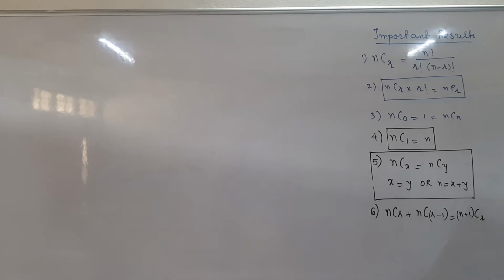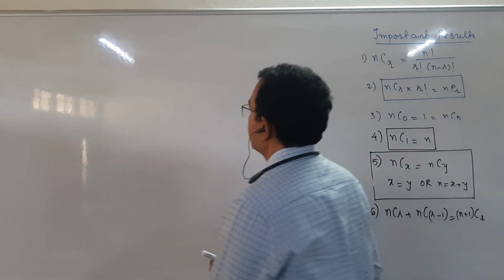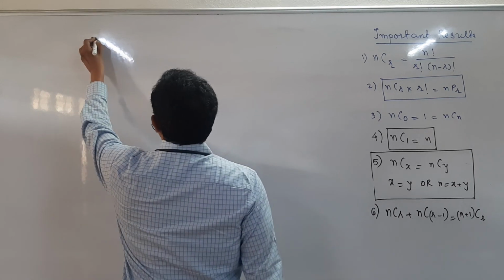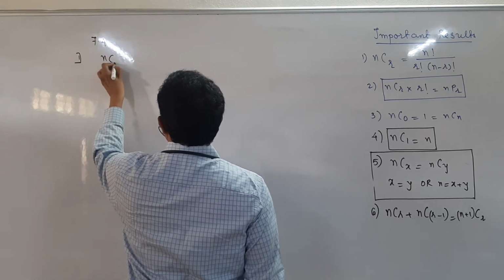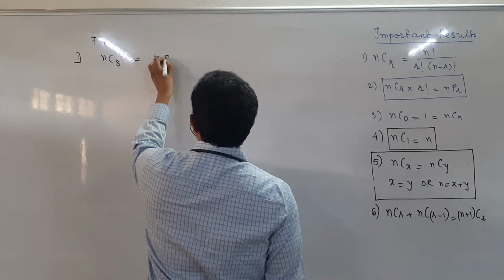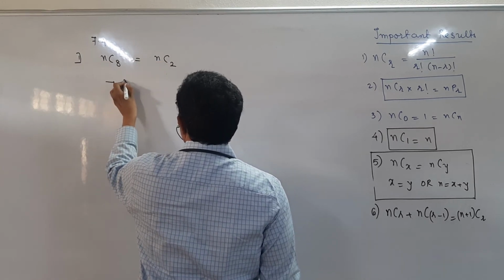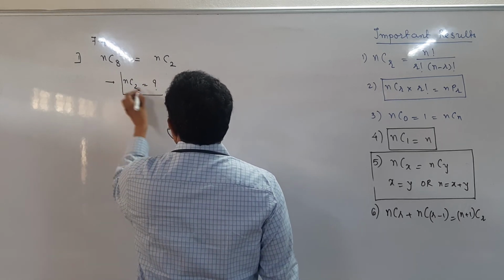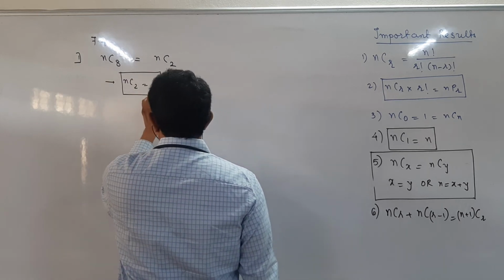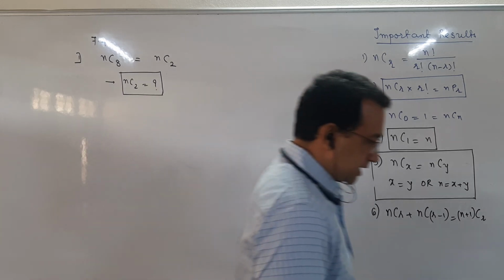Sum number 1, NC8 is equal to NC2. Then find the value of NC2, students. This is what the question is.